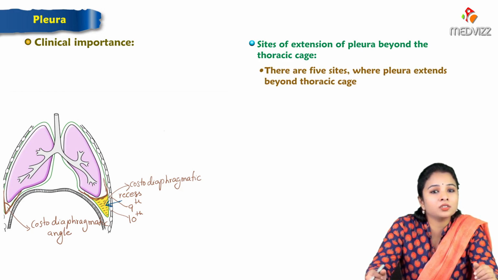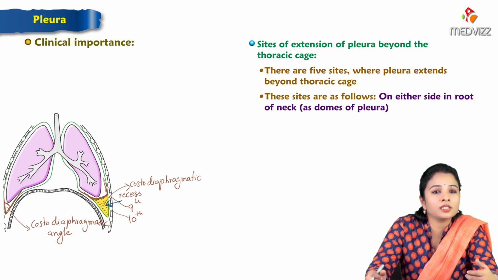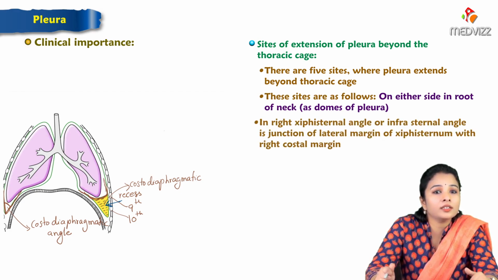Let's see the sites of extension of the pleura beyond the thoracic cage. There are 5 sites where the pleura extends beyond the thoracic cage. The sites are, first, on either side of the root of the neck, as the domes of the pleura. Second, in the right xiphisternal angle or infrasternal angle, the junction between the lateral margin of the xiphisternum and the right costal margin.